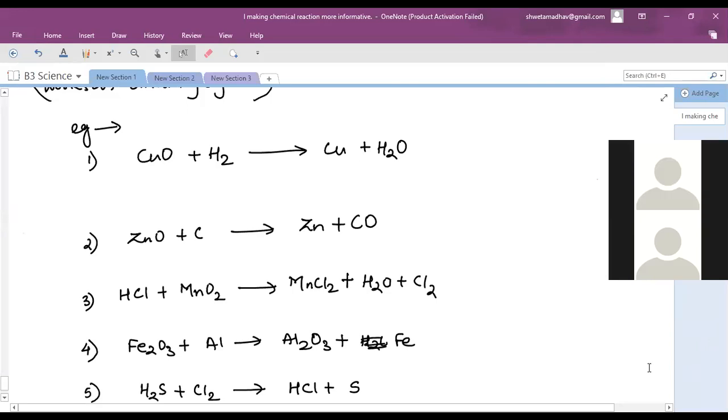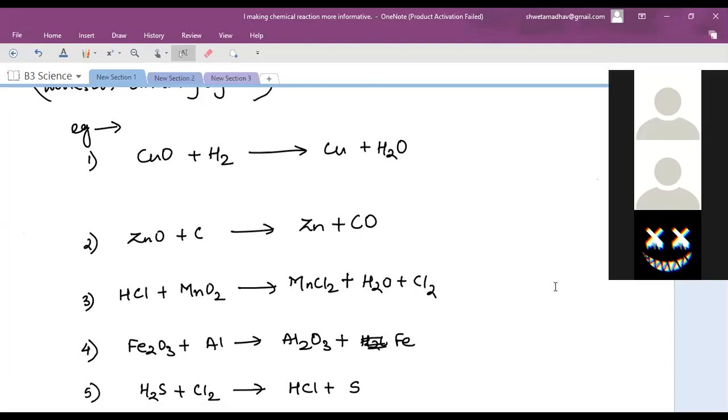Ma'am, I have a doubt. Ayush, are you there? Yes, ma'am. In the third equation, manganese oxide is reduced. I don't know which is oxidized.